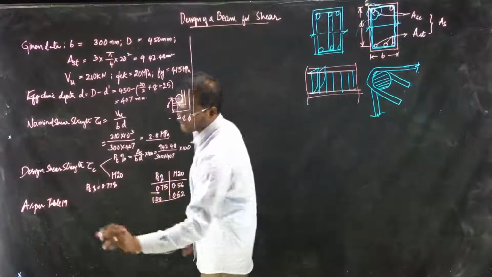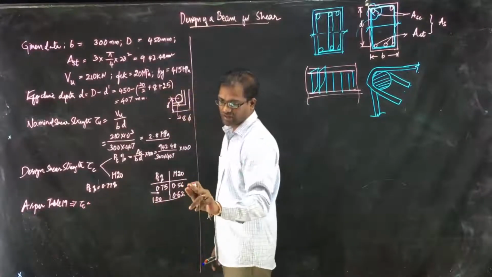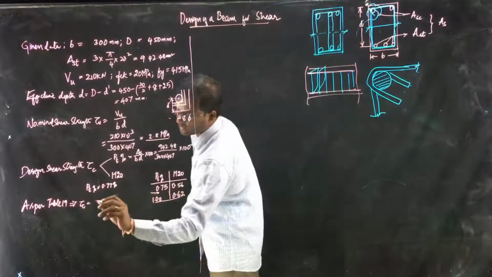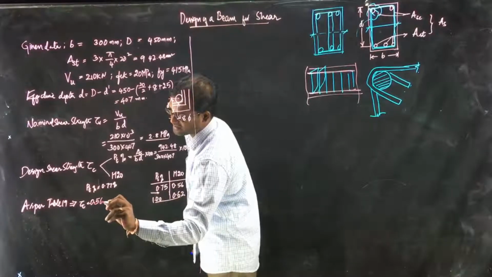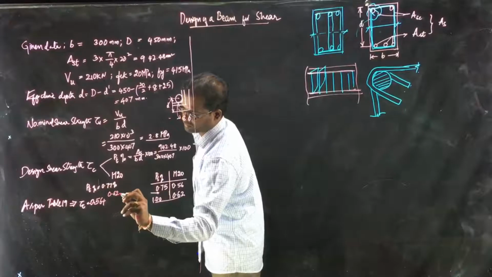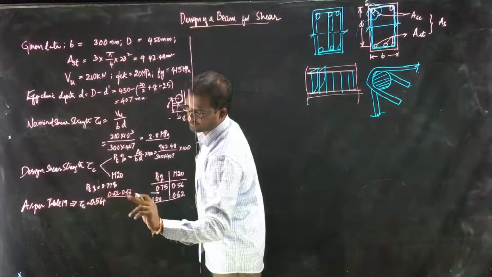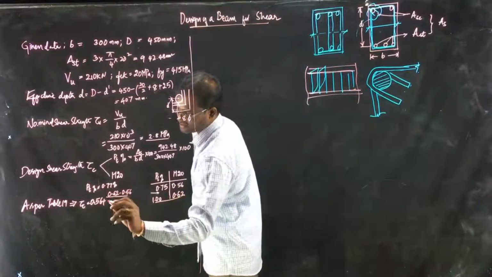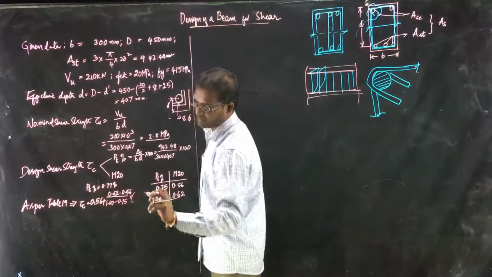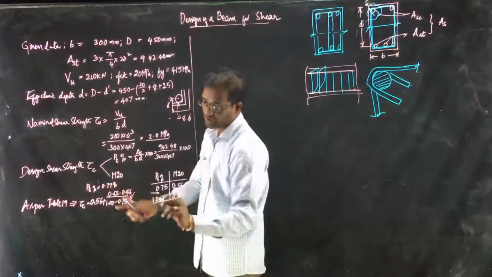So you need to interpolate it. Tau c is definitely greater than 0.56 because it is coming in between. So 0.56 plus difference of these two, divided by difference of these two, multiplied by this minus this, whatever, but you have to get a positive value.